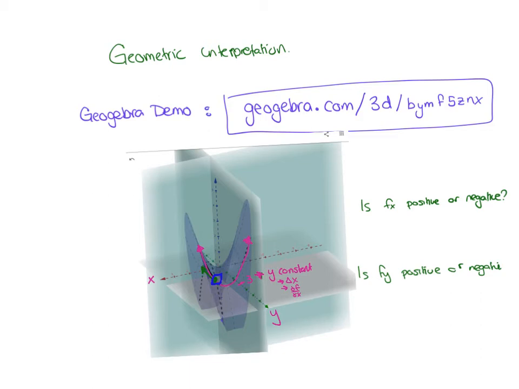I get that positive slope, which means my f sub x should be positive since the z is increasing when we move in the positive x direction with y constant. Okay, now I can do the same thing if I look in the other direction. If I let x be some constant here, when x is constant, we get a different curve.